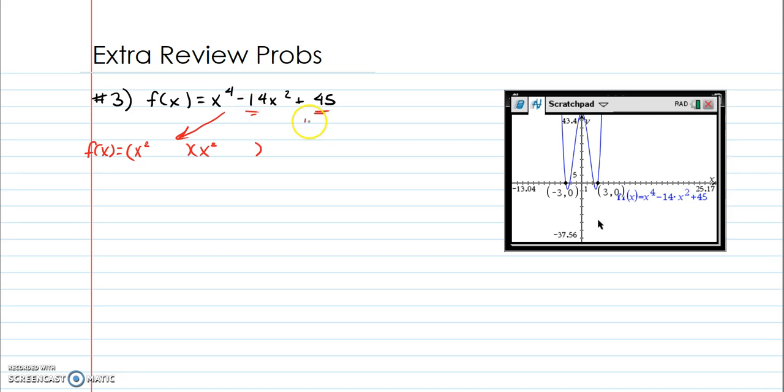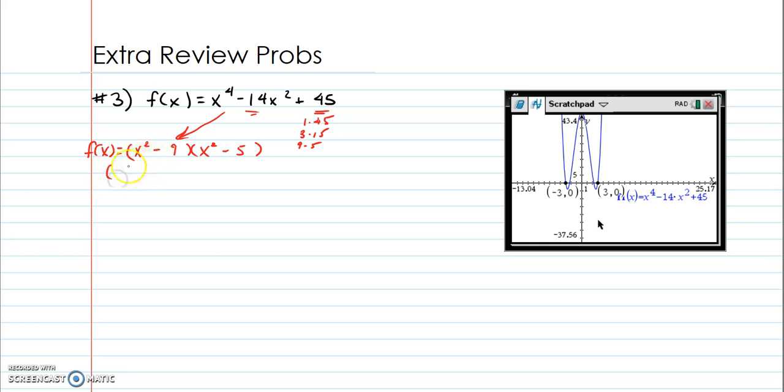If I think about 45, I have 1 and 45, 3 and 15. Oh, but then I have 9 and 5. And if they're both negative, then I'll get a negative 14 when I add and a positive 45 when I multiply.